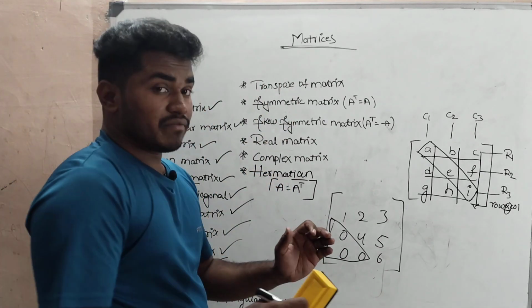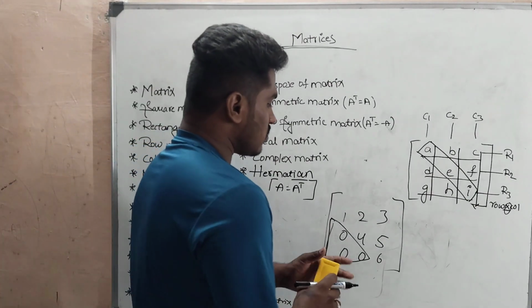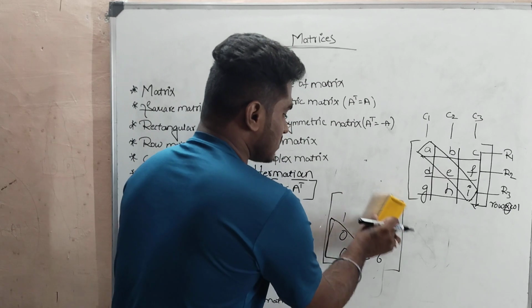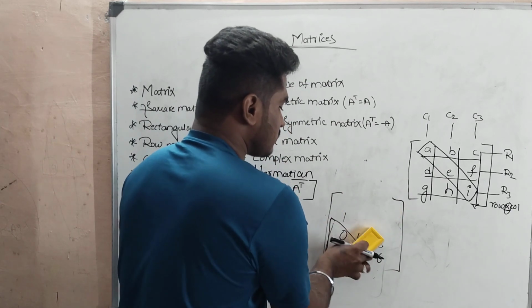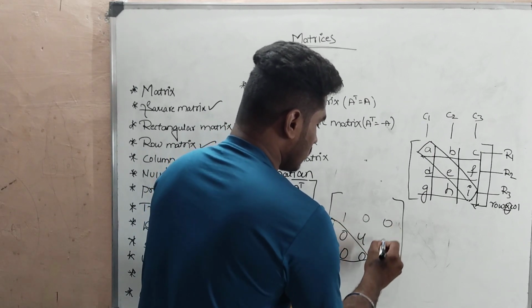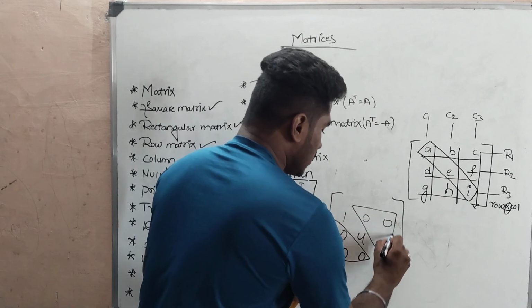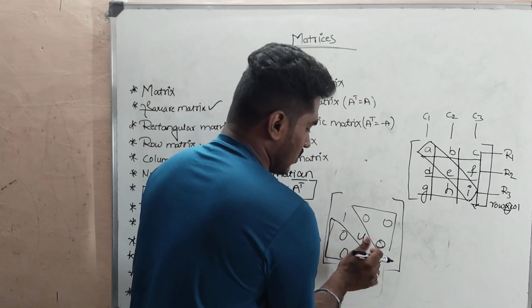And then when we talk about the lower triangular matrix, these particular 3 elements are replaced by zeros. So this is the lower triangular matrix.